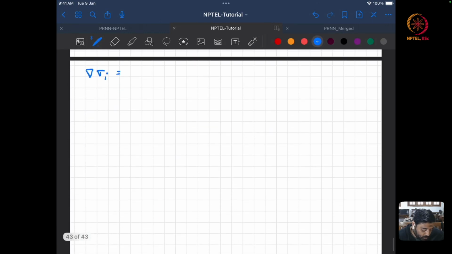So it will be minus n divided by sigma i plus 1 over sigma i cube summation j equals 1 to n (xj minus mu i) whole square.